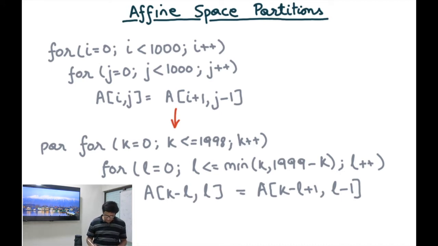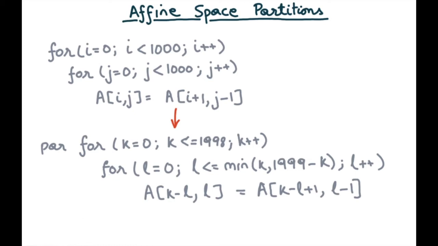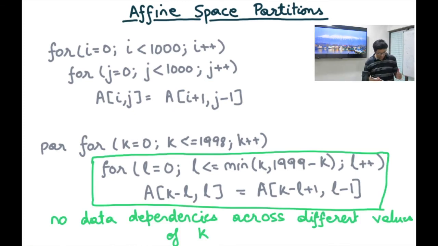But here, I want to have a better mathematical grounding on why I say that the outer loop is a parallel for loop, whereas the inner loop is not. The answer is that we can prove that there are no data dependencies across different values of k.